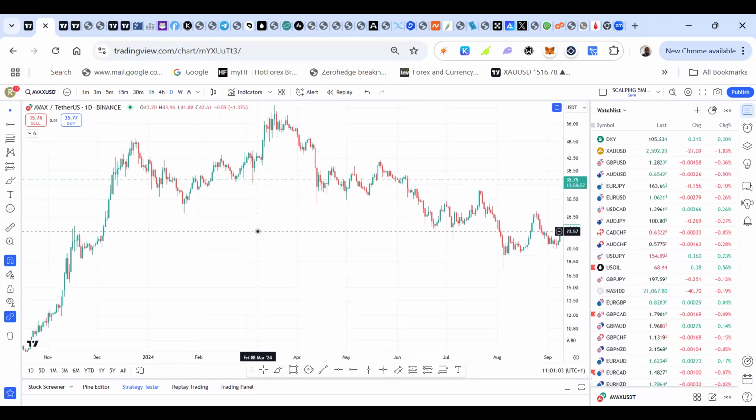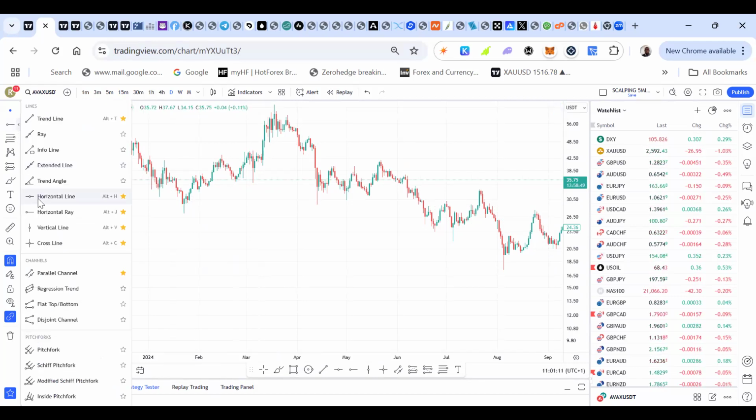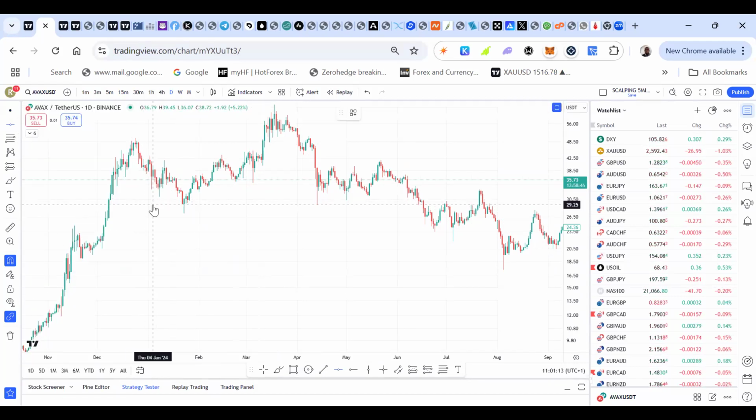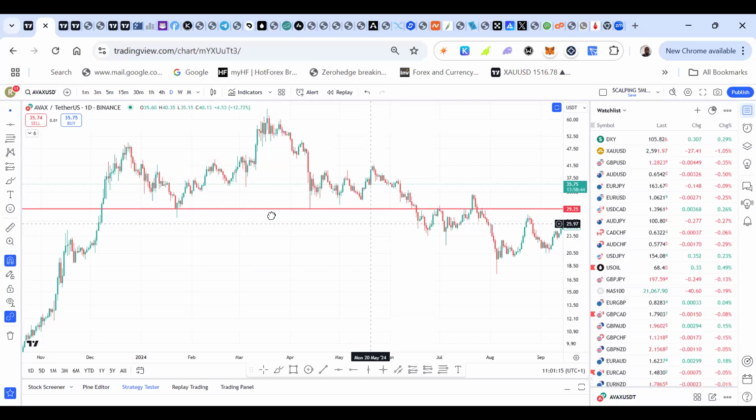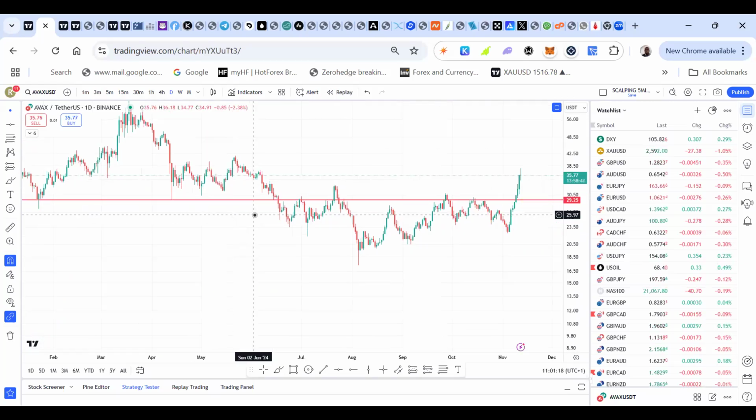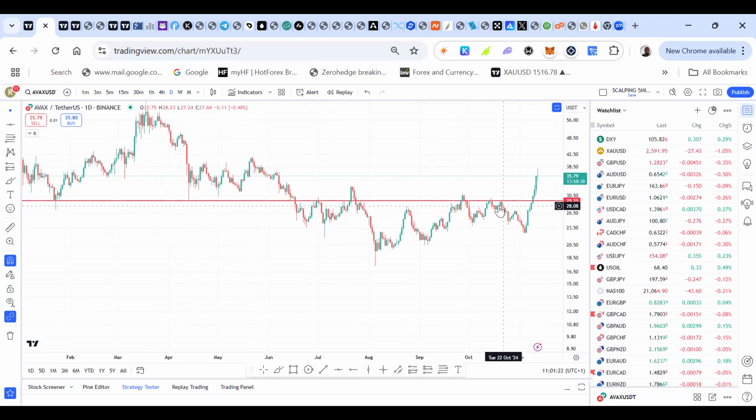Okay, now I want to draw a support, although support and resistance depends on where the price is. Now, why do I call this presently a support? Because price has broken through it.